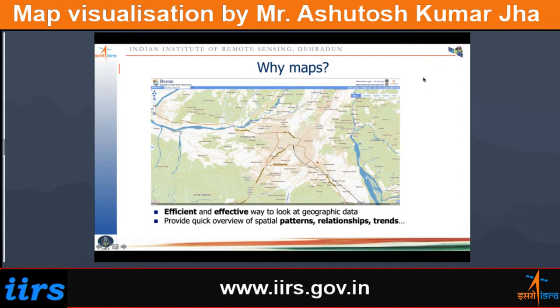Most of the time, spatial temporal maps, like weather maps, provide you the trends of movement of, let's say, a cyclone or any spatial temporal phenomenon which keeps moving. So pattern, relationship, and trends are among the major reasons why we need a map.